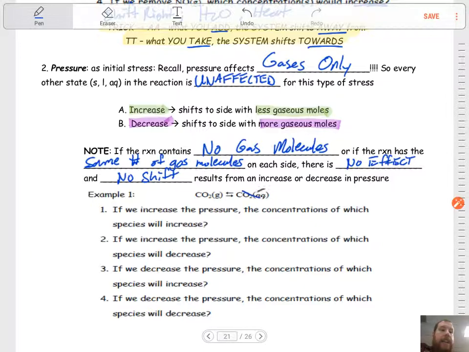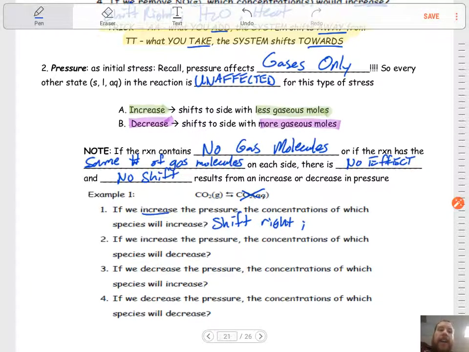So this guy is not going to be affected at all by pressure changes. So if we increase the pressure, the concentrations of which species will increase? Well, when we say increase, what happens to our shift? It shifts to the side that there's less gaseous moles. So in this case, the shift that's going to take place is going to shift to the right.